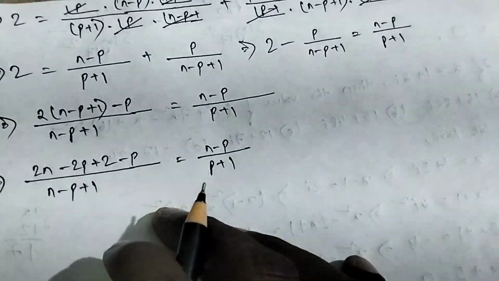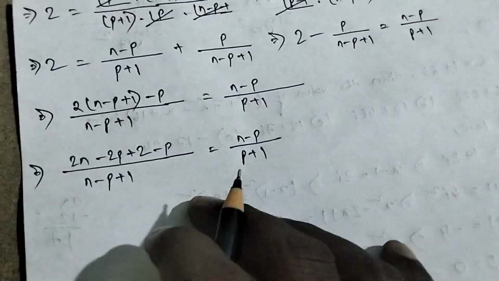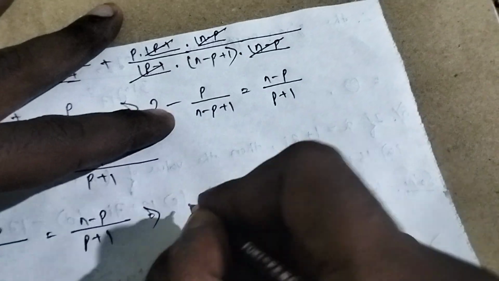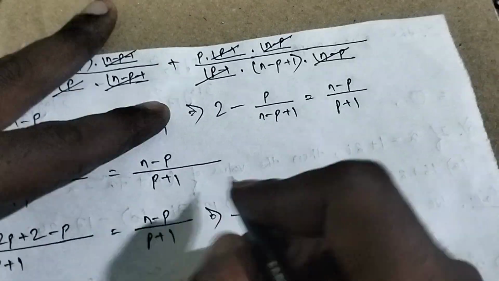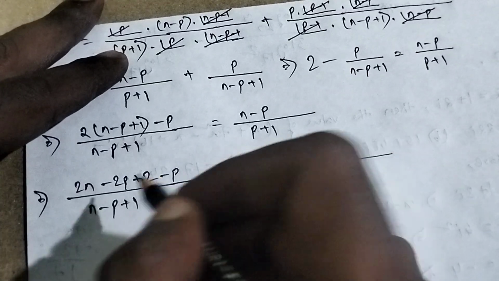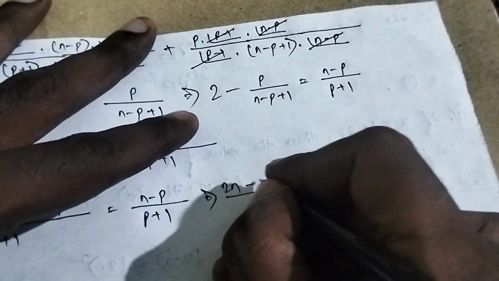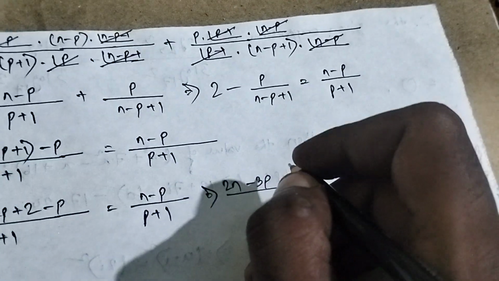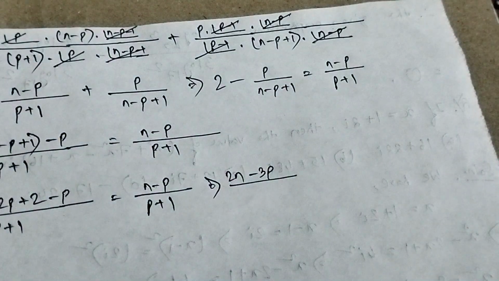Clear? Plus 2. So it would be 2n minus 2p minus p, that means minus 3p, right?